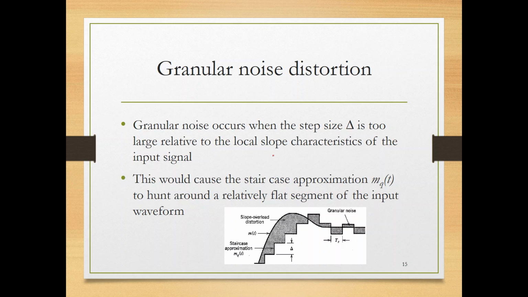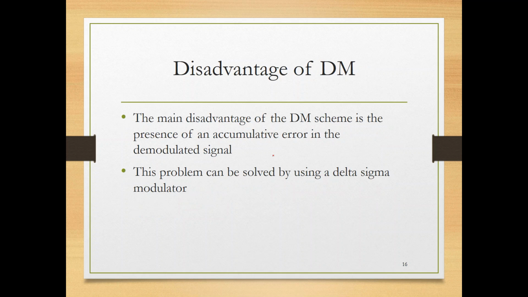You will have too much fluctuation with too much difference from the actual message signal, resulting in some error. And this causes granular noise. Sometimes there are books and papers that call it idle noise or granular noise. Now these are the disadvantages of delta modulation.